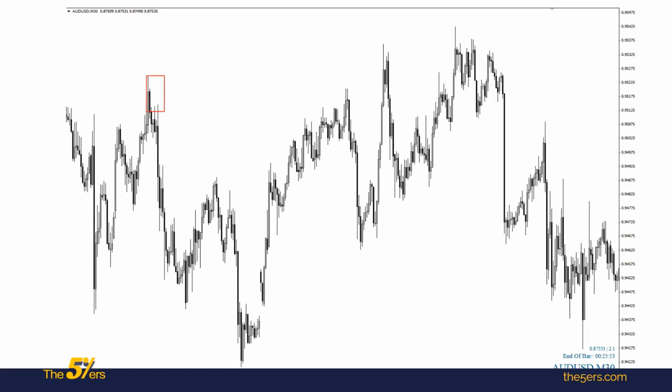So let's talk about breaking levels, because it's a very important thing to consider when you're making a trade. You cannot expect, like I showed you, a price level to continue working until it doesn't.